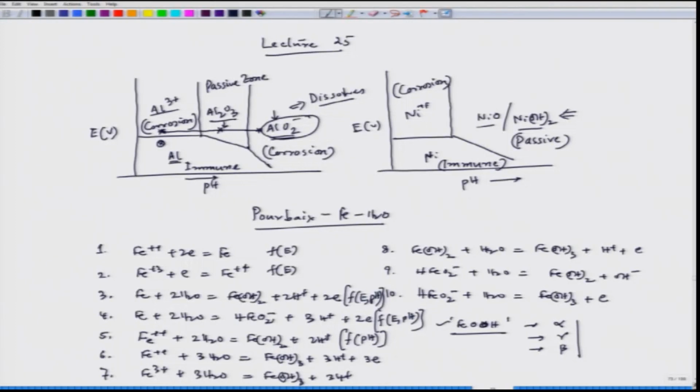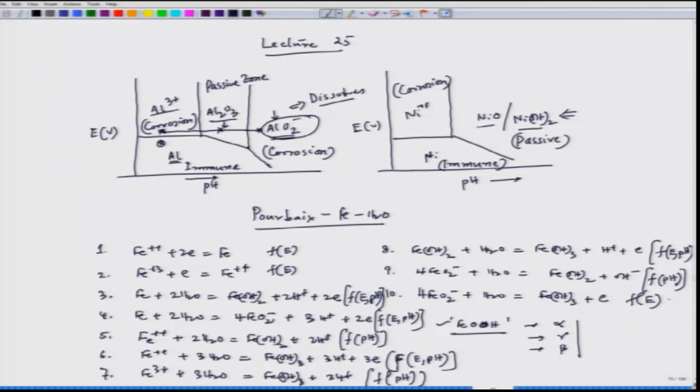Function of E and pH. This is function of pH, because here no electron is involved. If you follow the Pourbaix diagram for nickel, you can easily understand this is function of E and pH. This is definitely a function of pH. This is function of potential.